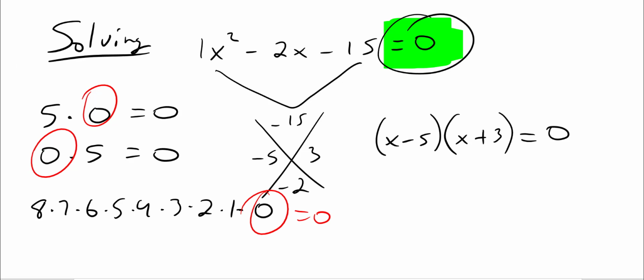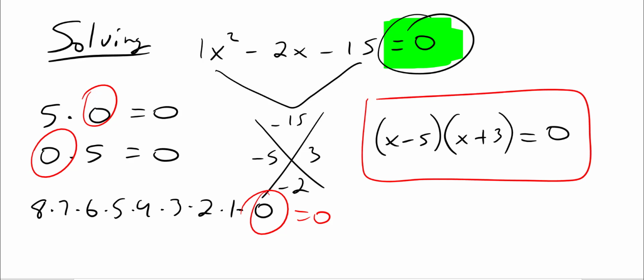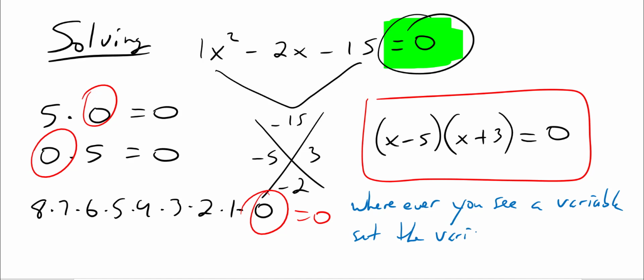So once you have it in this form, wherever you see a variable, set the variable or the parenthesis, depending on if it's a parenthesis, equal to 0 and solve.